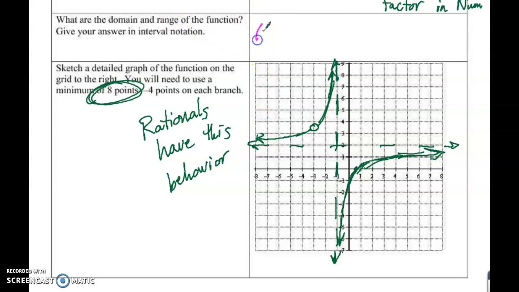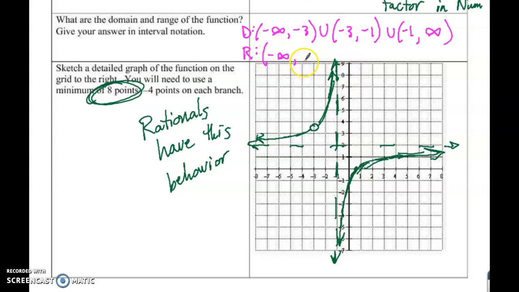So the domain, I'll do D for domain, -infinity to -3, union -3 to -1, union -1 to infinity. And now you can actually see the range would be -infinity to the horizontal asymptote, and then from the horizontal asymptote to the hole, which we found out was 7/2, and then from 7/2 up to infinity.